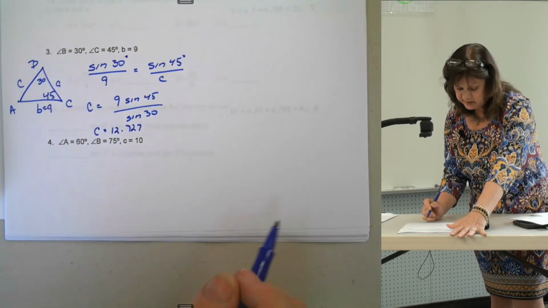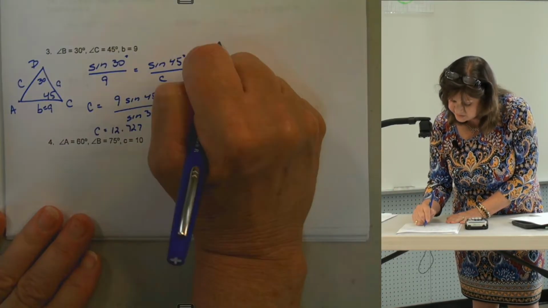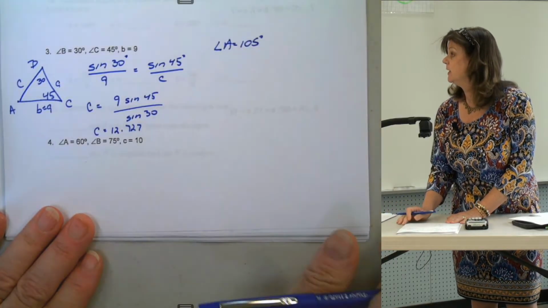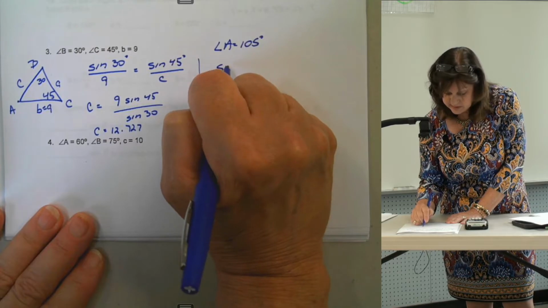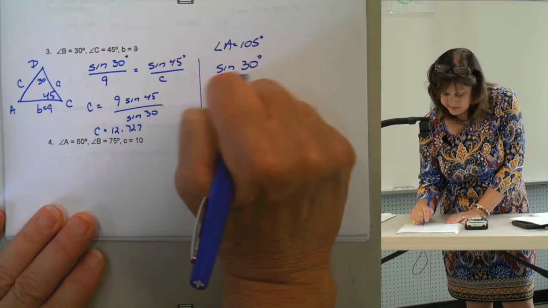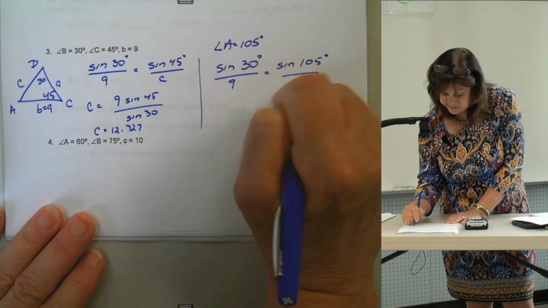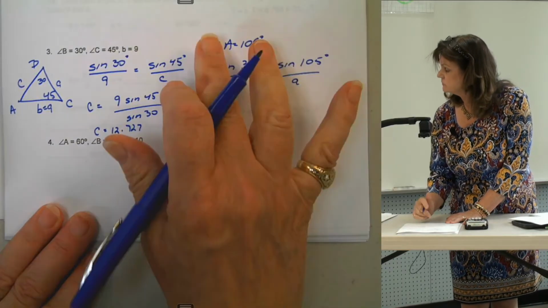And we know that angle A is 105 degrees, 180 minus the other two. And so sine 30 over 9 equals sine 105 over A. My A's and my 9's look a lot alike, so be careful.